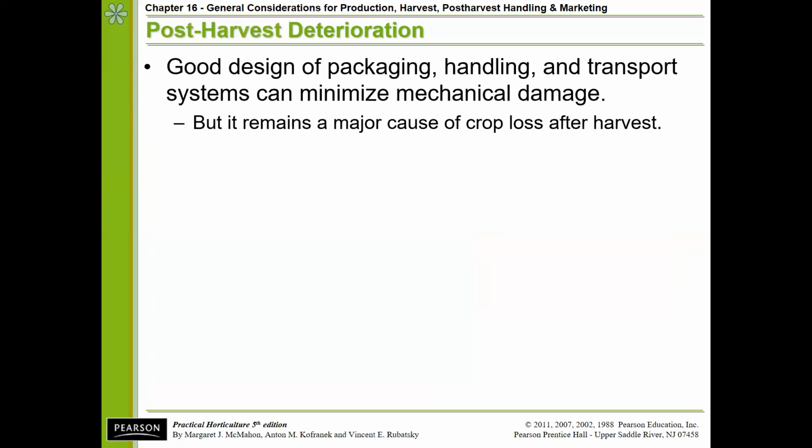So it's all about the design of the packaging, handling, and transport systems. We need to try to minimize that damage. And of course, even with technology, it remains a major cause of crop loss.